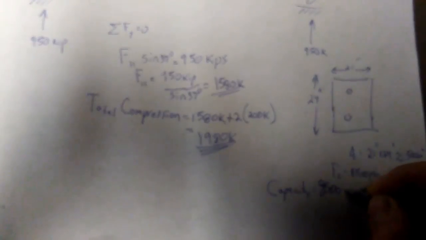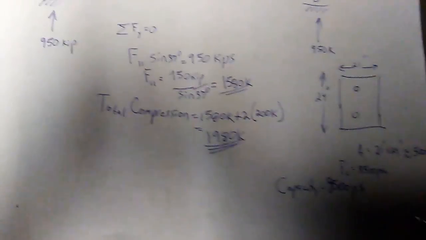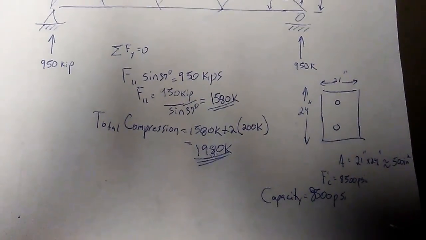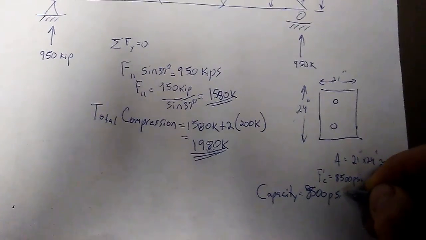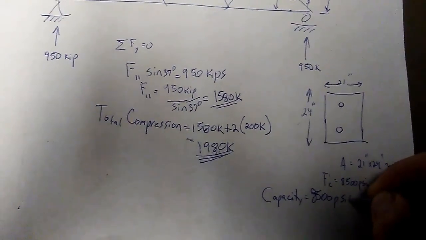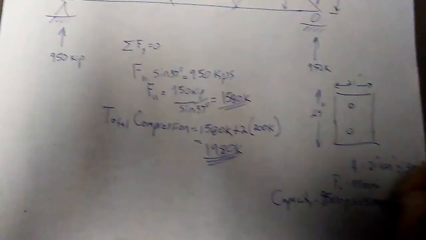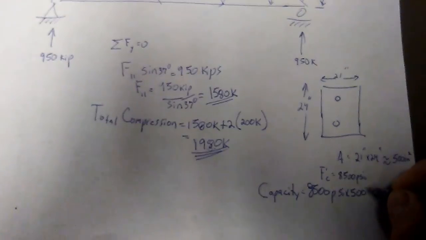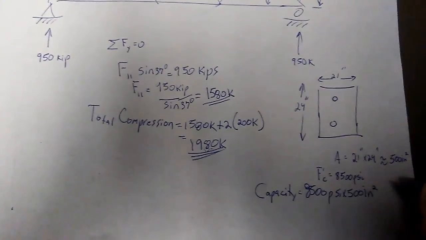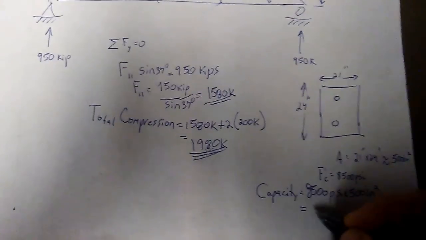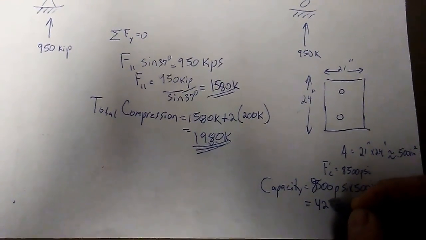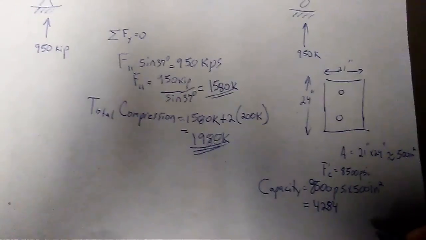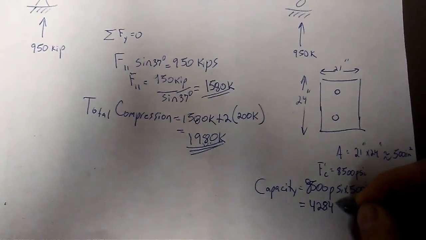Pardon my writing here. I'm trying to write and look through a small screen at the same time. But 8,500 psi times 500 square inches equals 4,284 kips.